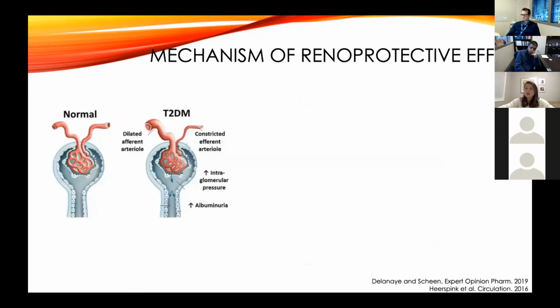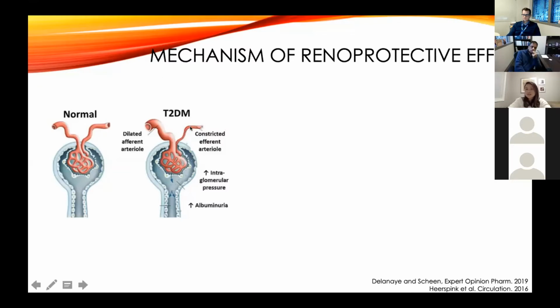Now, what's the mechanism of the renoprotective effect of these medications? In diabetes, there's a disproportionately reduced afferent versus efferent arteriolar resistance brought about by vasodilators such as atrial natriuretic peptide, nitric oxide, and prostaglandins that preferentially reduce the resistance in the afferent arteriole.